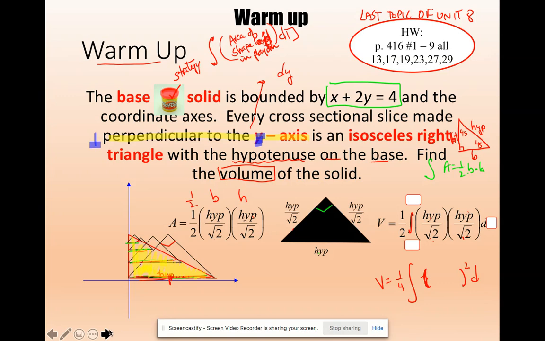Am I integrating dx or dy? The slice, the strip, just like when we were doing revolution, is perpendicular to the y-axis, so you're going to integrate dy, and these numbers need to be y numbers. And your hypotenuses have to be in terms of y.